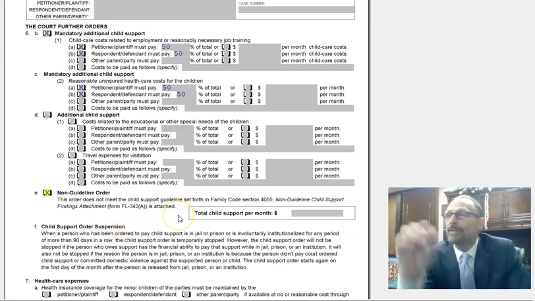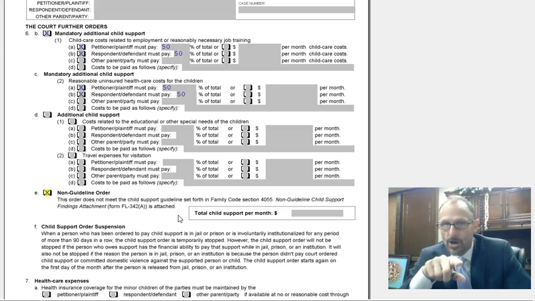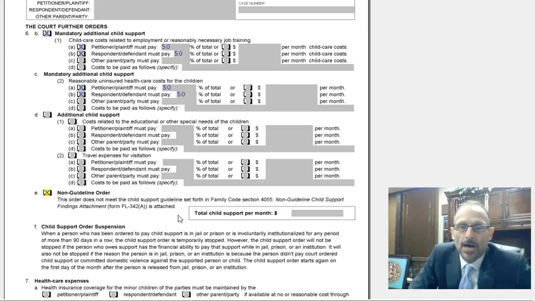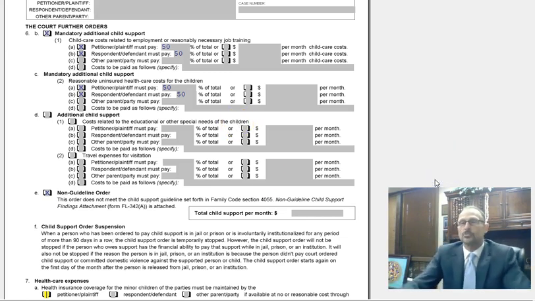There is going to be another form that's required. You're going to mark this box, and then you're going to need to do the FL342A attachment. It's a non-guideline support order attachment. And then you're going to put a total down here in the bottom for child support. And that is likely going to be the same number from the front page, $1,000 or whatever it is.